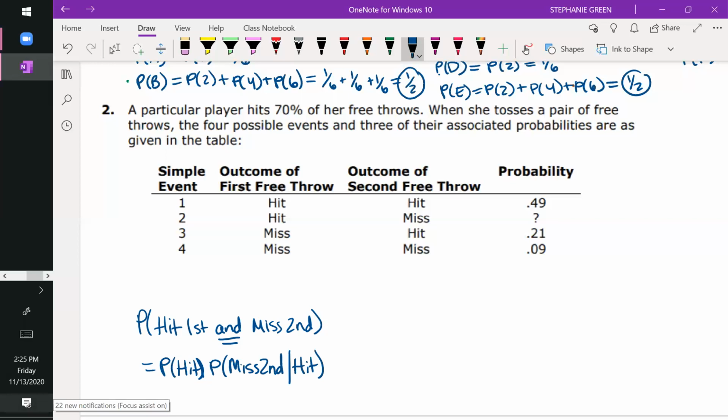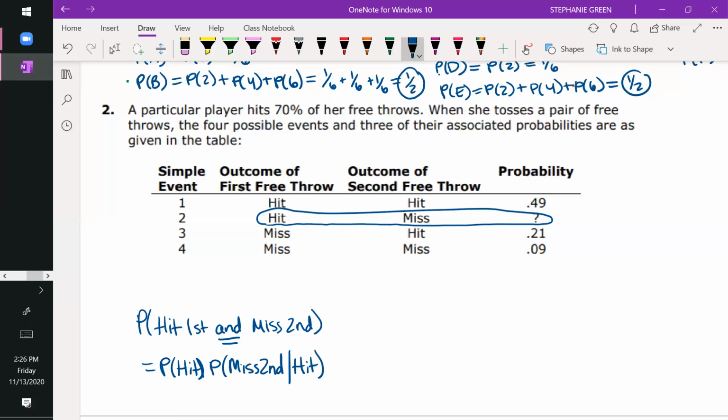So let's see. We got outcome of first free throw, hit, hit, miss, miss. Outcome of second free throw, hit, miss, and the probability is over here. So it looks like we've actually got this whole thing set up for us already. The probability that she hit the first time and then missed the second time. Oh, that's what we're looking for right there.